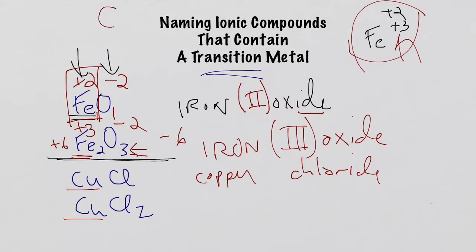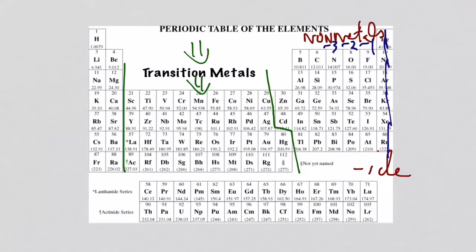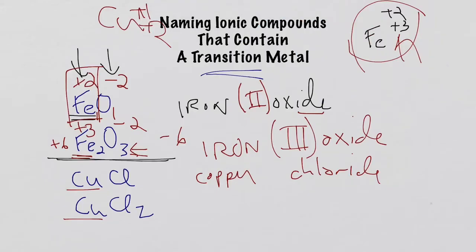Well, if you memorized, copper is only +1 or +2. Those are our choices. Chlorine, of course, being a halogen, when it's bonding with a metal, is always a -1 charge. So, if this is -1, and I have a 1-to-1 ratio, that meant this copper has to be +1.